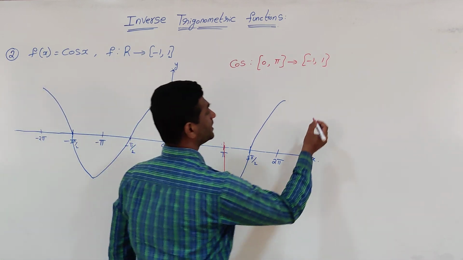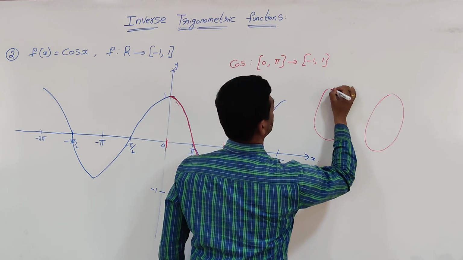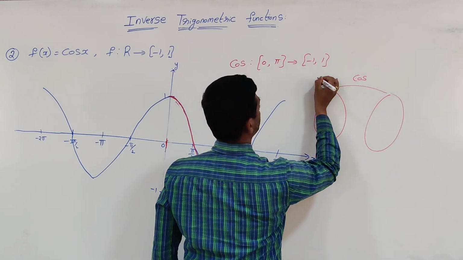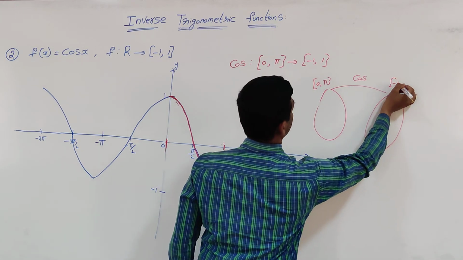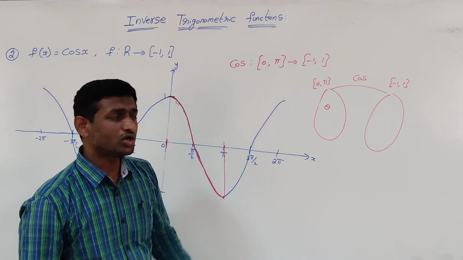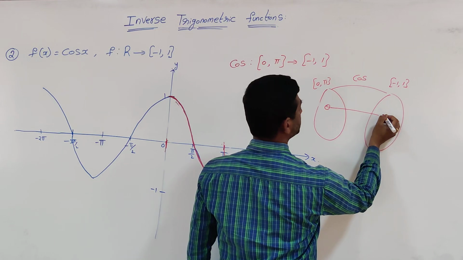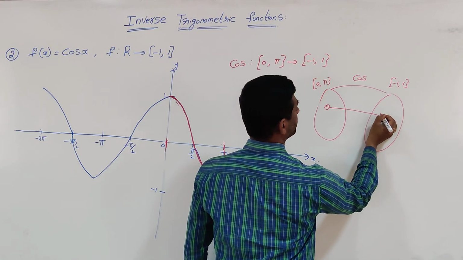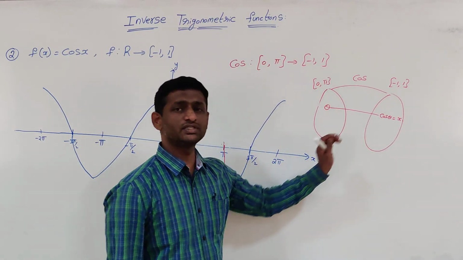If we go by the arrow diagram, cos is a function from where to where? From the domain 0 comma pi to the closed interval -1 comma 1. If some theta belongs to 0 to pi, then there will be a unique element in the closed interval -1 comma 1, that is, cos theta will be x. And this is bijective.